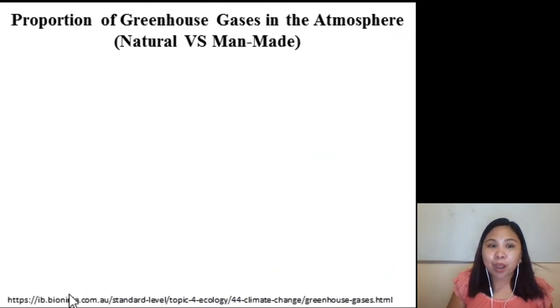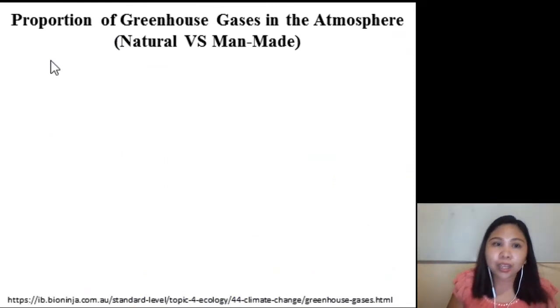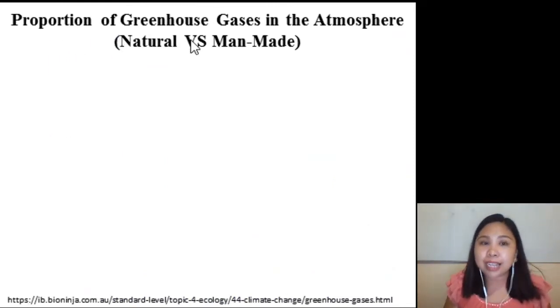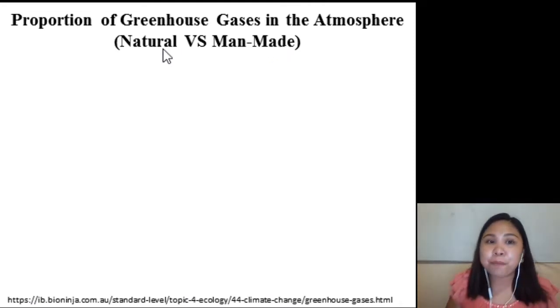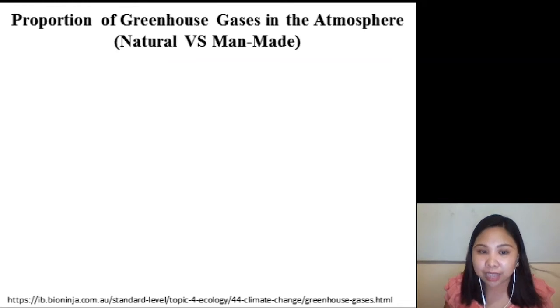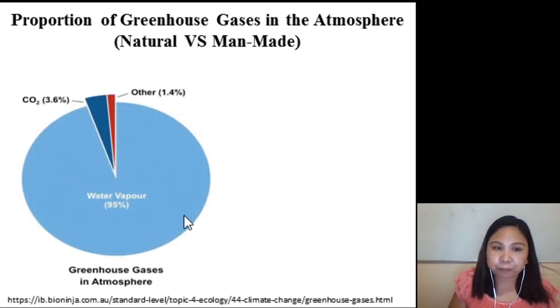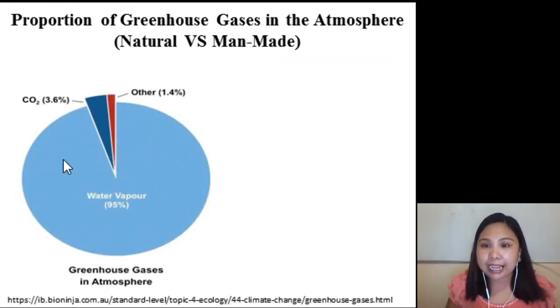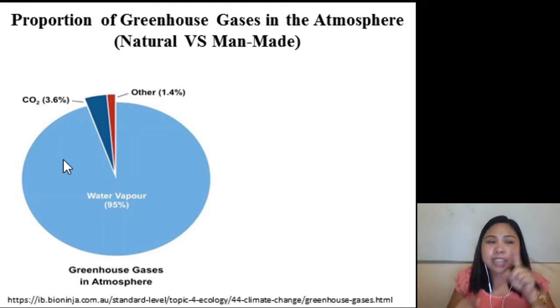Okay? So, according to this website, okay, this is the proportion of greenhouse gases in our atmosphere, comparing the natural greenhouse gases versus the man-made greenhouse gases. So, eto class, yung original talaga, naturally occurring proportion of greenhouse gases na dapat nasa atmosphere natin. Naalala nyo yung napakaliit na porsyento lang sa atmosphere natin.